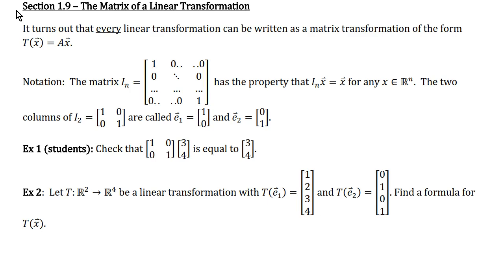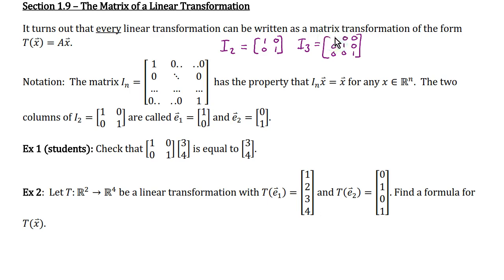Now, it turns out that every linear transformation, as long as it's from Rn to Rm, can be written as a matrix transformation of this form. This is called the identity matrix, where you have ones along the main diagonal. For example, I2 would just be a 2 by 2 matrix with ones along the main diagonal and zeros everywhere else.